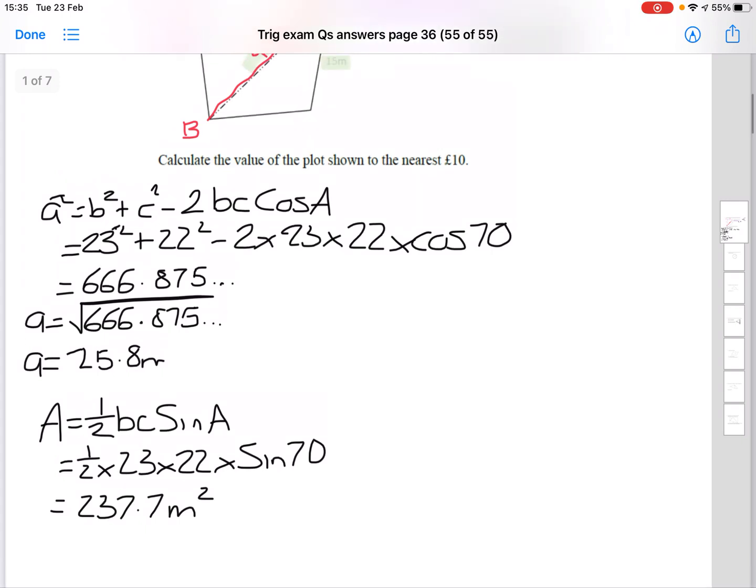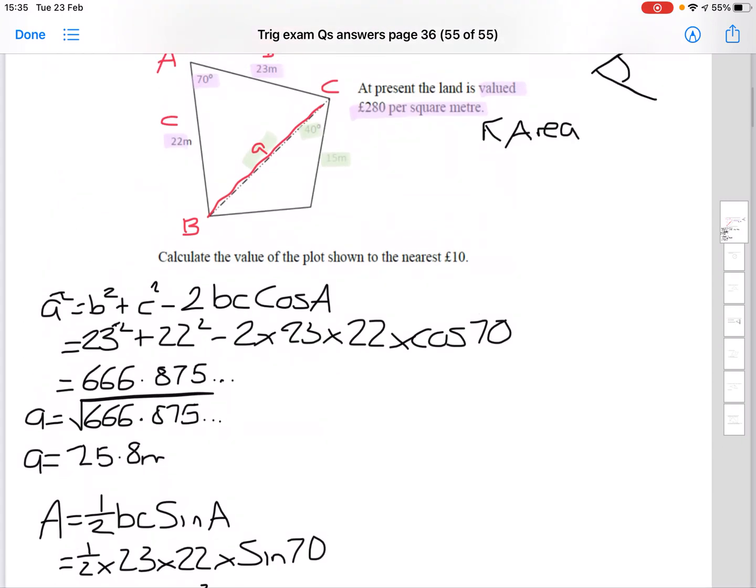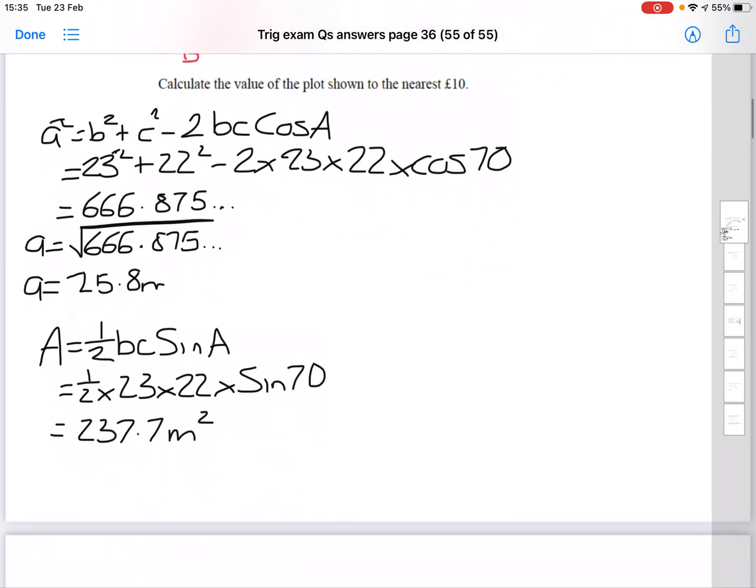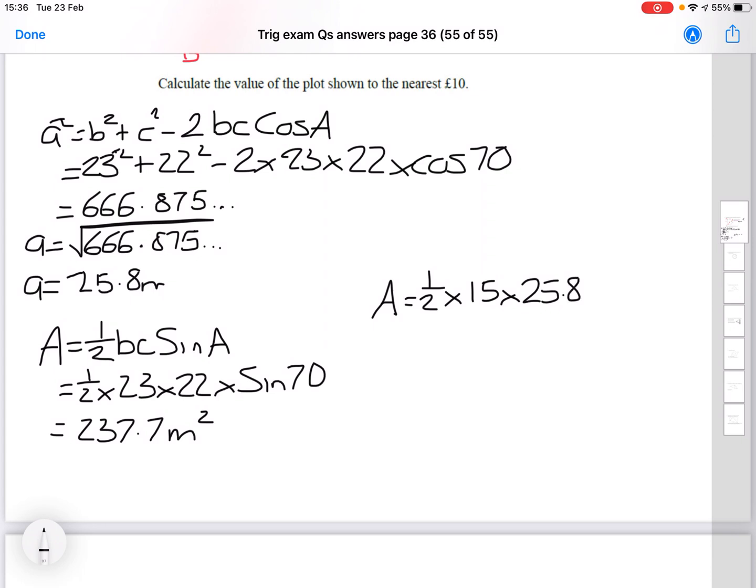With the other triangle, the one that I've highlighted with green, we've got 15 metres. We've got the side that we've just worked out for a is 25.8 and the angle is 40. So I'm actually just going to go straight to putting that into the calculation. I'm not going to worry too much about the letters. So it's a half times 15 times 25.8 times sine of 40.